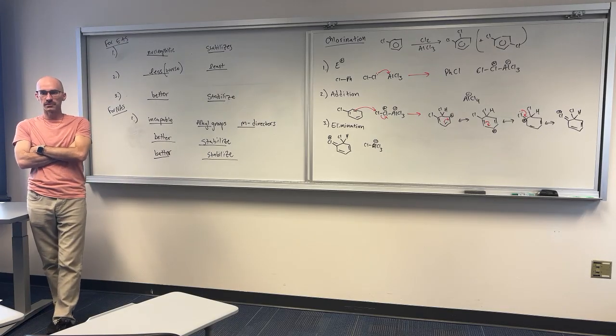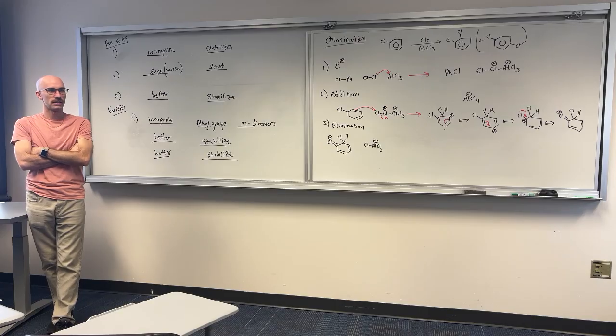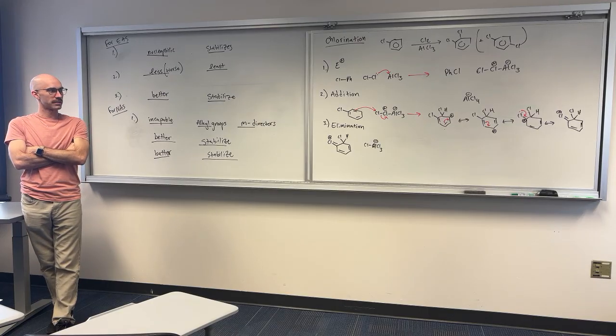Remember, you've got these resonance forms on your sheet too, so you can always reference that to make sure that you're placing your atoms in the right spot, your bonds in the right spot.